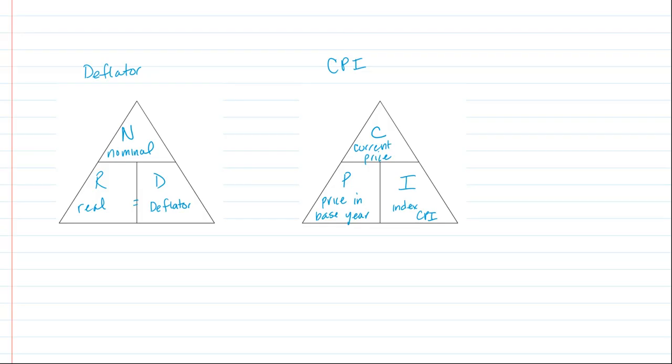And just as a reminder, that really is the exact same thing that's happening in our GDP deflator. Nominal GDP always uses current prices, and real GDP always uses base year prices. So even though the values here are going to be slightly different, nominal over real and current over base are the same idea.